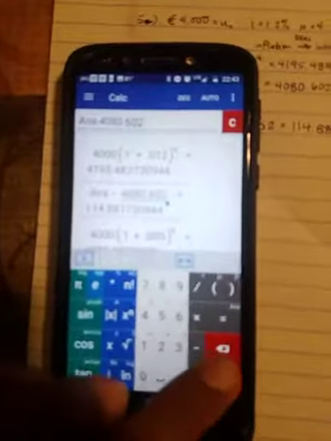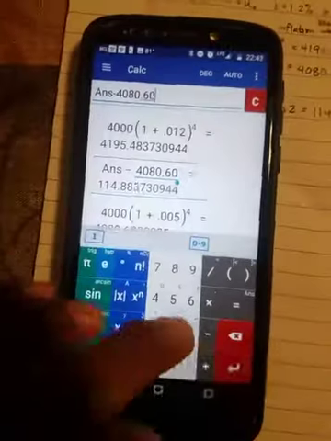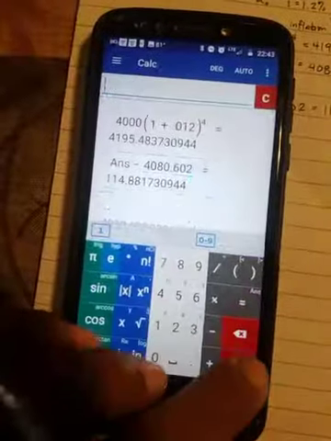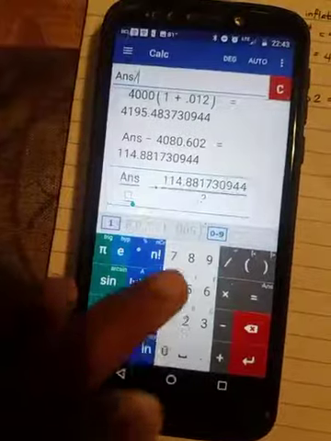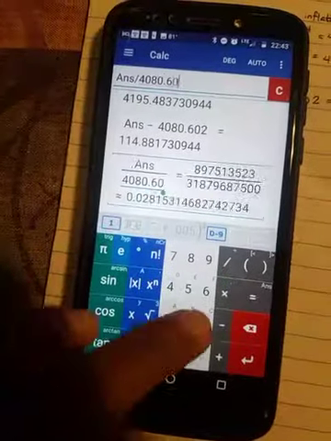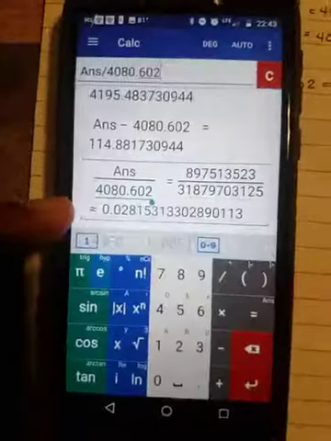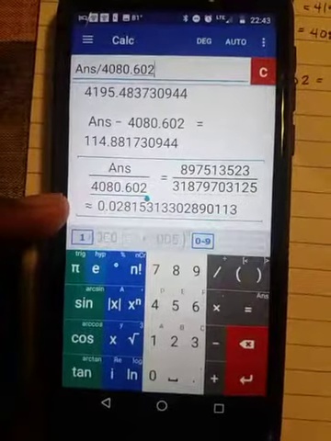And there is my 2.82%. So that is how we get that 2.82%, which is considered our real rate of interest per year, per annum.